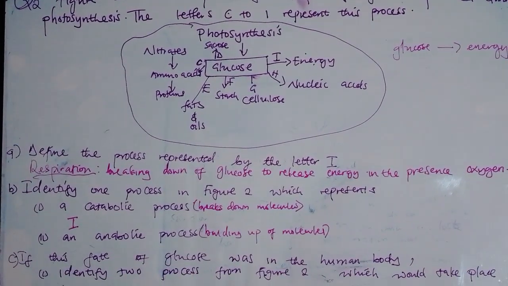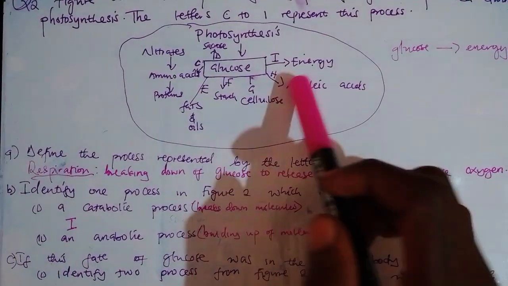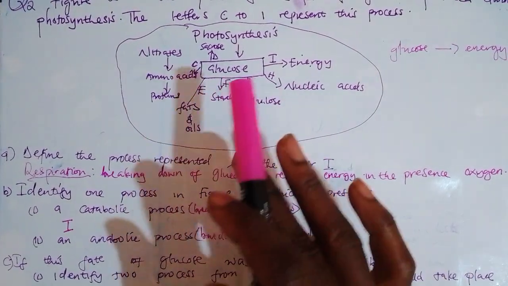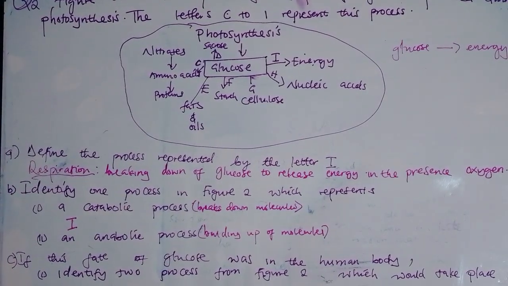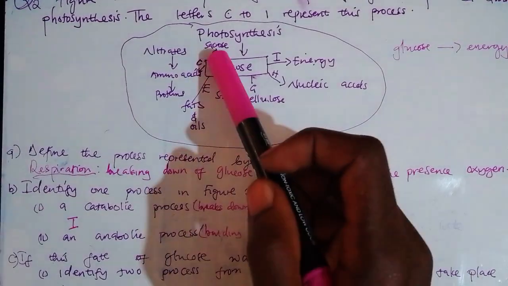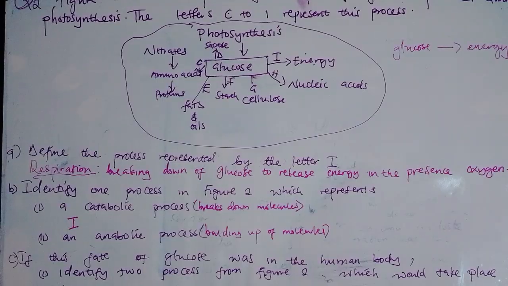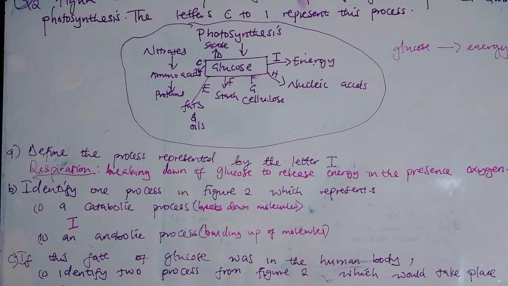Then again, which process represents anabolic? Building up of molecules. So the list of the processes is H, G, F, E, and C. These processes are examples of building up of molecules. Here we see that glucose will combine with nitrates to form amino acid. Then we can also see that glucose can be converted to fats and oil.